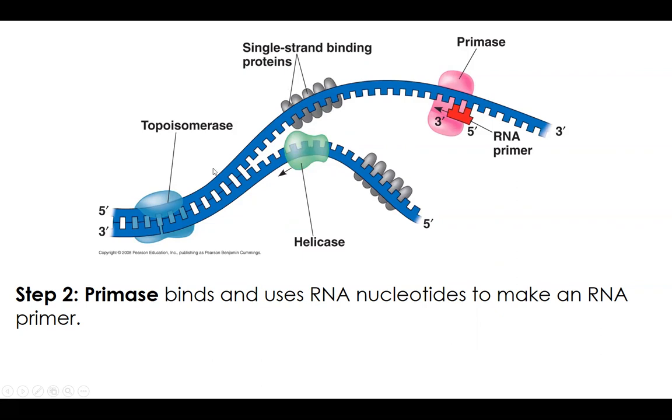Let's talk about our topoisomerase next. I know primase is what I've got down here, but I think this relates very strongly to the action of helicase. Helicase is going to open these double strands up. The way this image is pictured, the DNA is kind of linear, it's flat.